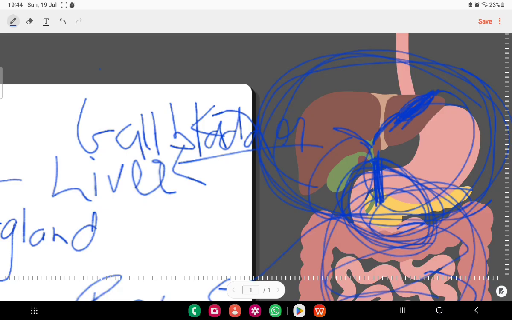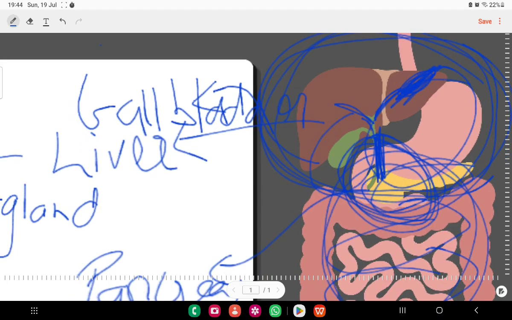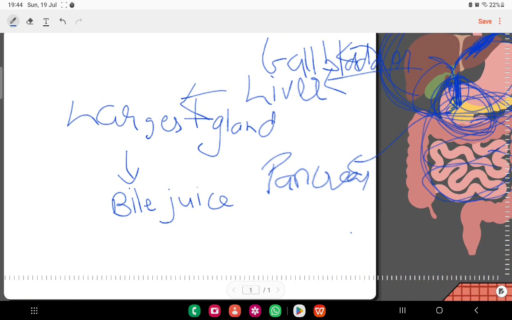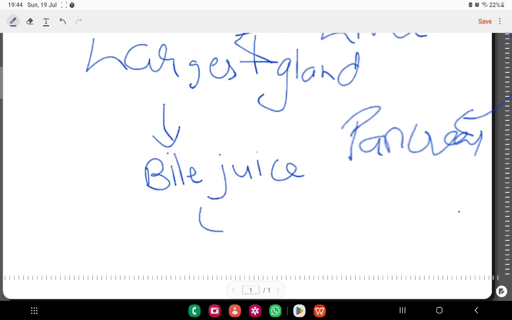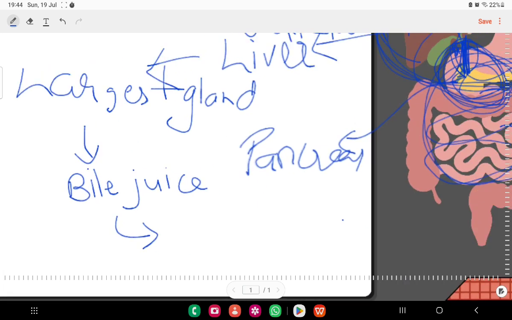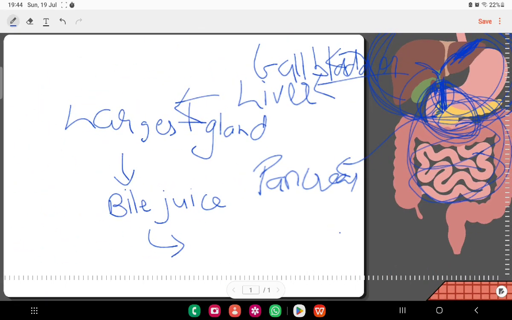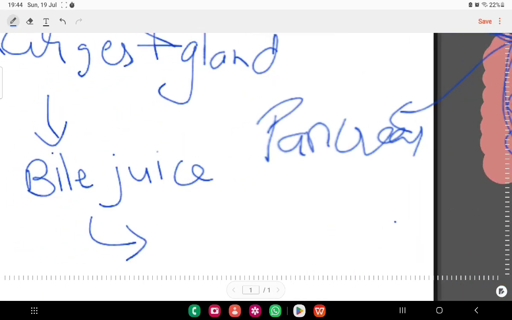As soon as the food comes out, it will not come out of here, but it will come out of here. Bile juice is secreted along with another juice called pancreatic juice, secreted by none other than the pancreas.